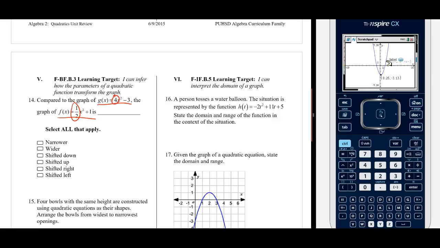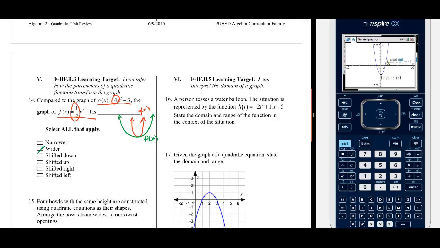What we learned in class was that the bigger the a value, the steeper the graph was. So if g looks something like this, we'll call this g of x, then f of x is going to be somewhere out here, because it's a smaller number, and the smaller the number, the wider the graph is.